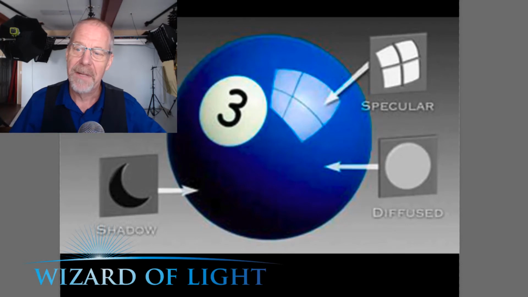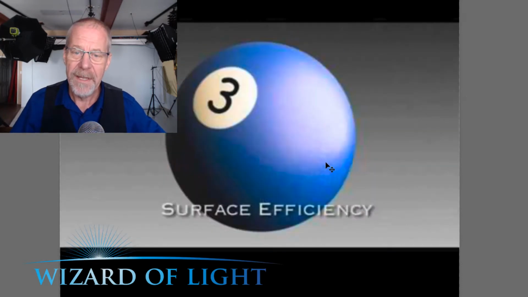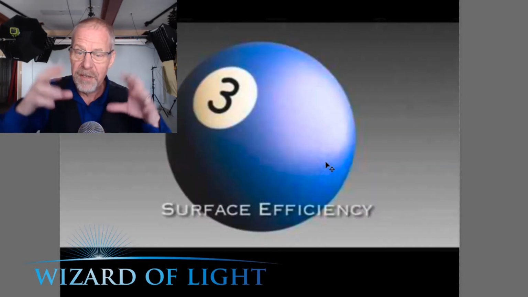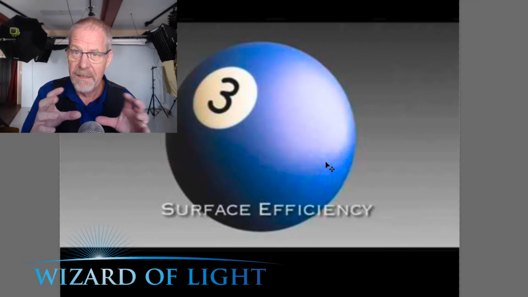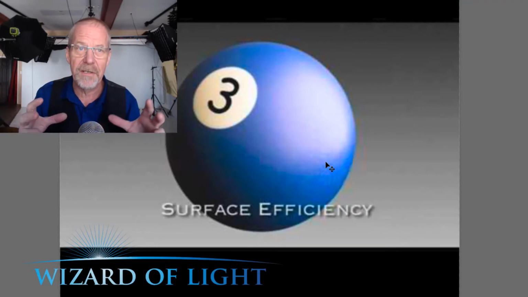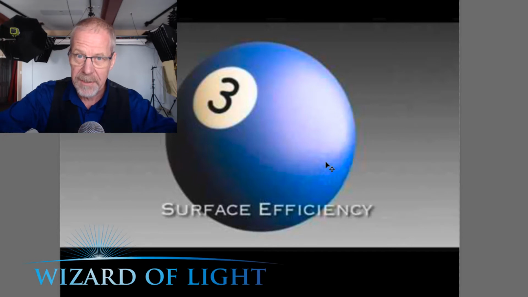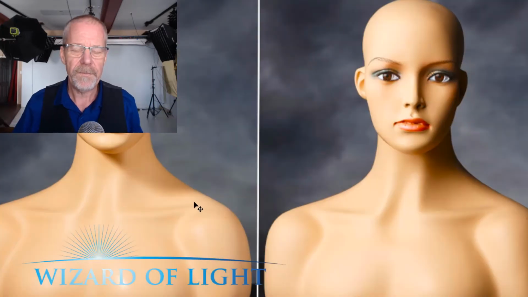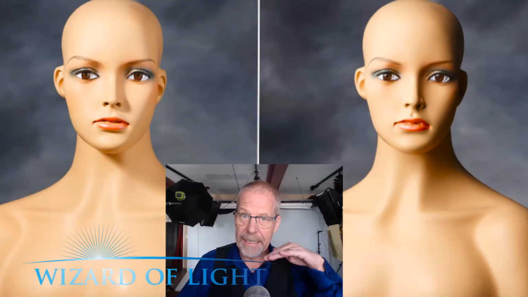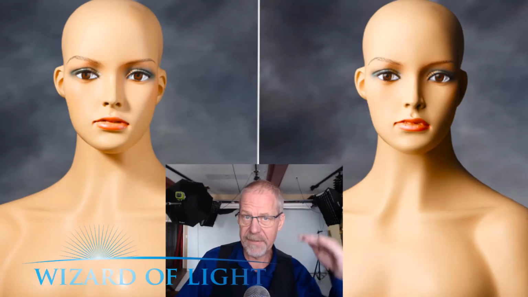Okay, let's look at the same billiard ball. And this is with a different surface. So your surface and what it is you're photographing, whether it's a different texture or whether it's shiny or not shiny, these things matter as well. So the actual subject. Here's a good example of how light and the intensity of the light affects the final result.